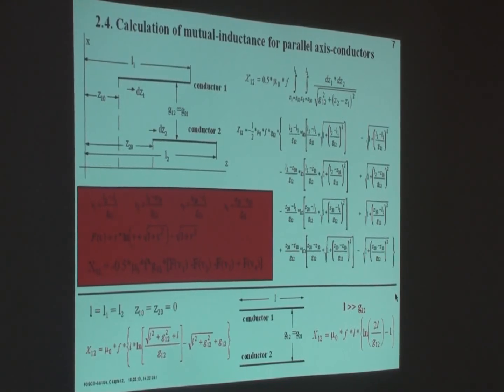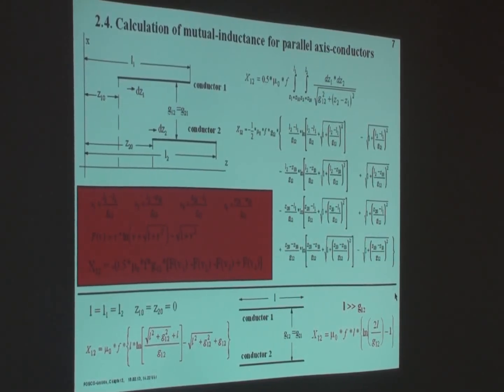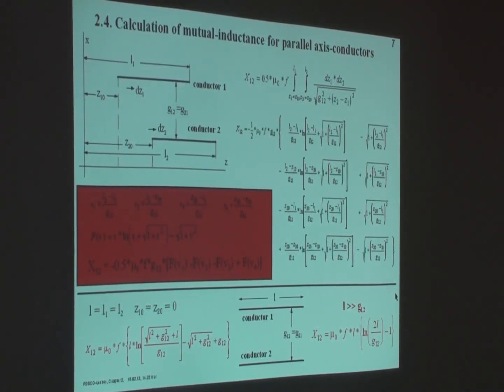So, XAA. Here's 1, 2. Always change 1 and 2 and A and B. It's mu0 times F times L, ln 2L to GAA, minus 1.